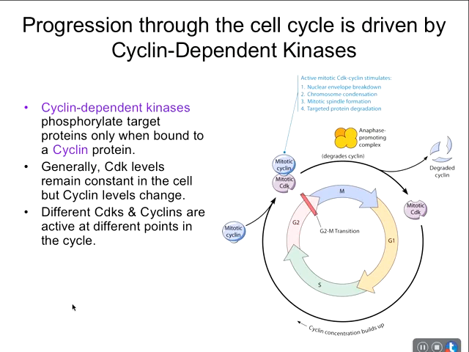So high cyclin allows binding to the CDK and activation of this whole process. You guys with me? So CDK levels are constant, cyclin levels change. When the cyclin levels are high enough, it'll bind to the CDK and allow the process to continue. And this will push it through different phases of the cell cycle.